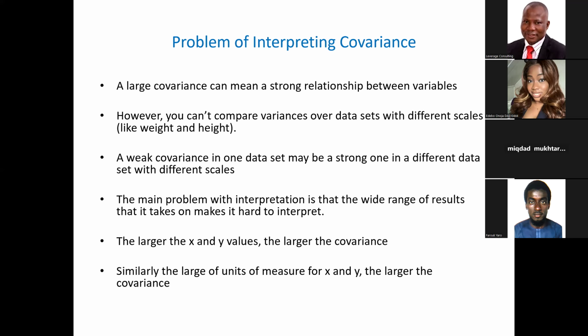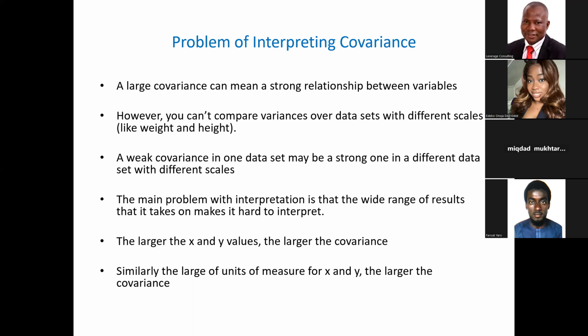So a weak covariance in one data set may be a strong one in a different data set with a different scale. Can you see? So it will give you big values for those that have big scales. For example, you want to measure kilometers. Somebody's car travels 130, 70 kilometers.